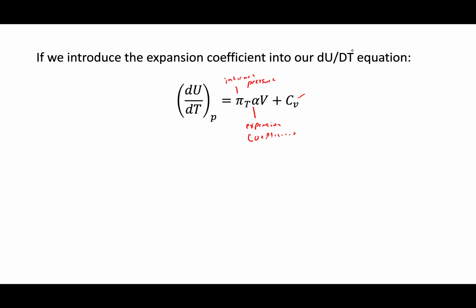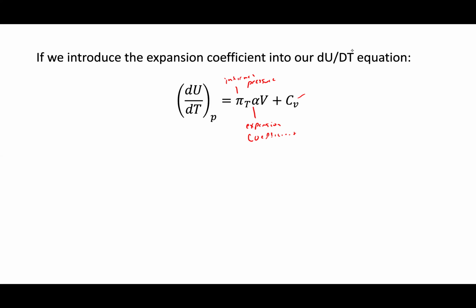And we have four different constants, which is very nice: internal energy pressure is a constant, the expansion coefficient is a constant, volume is a constant, heat capacity is a constant. So it works out fairly good.